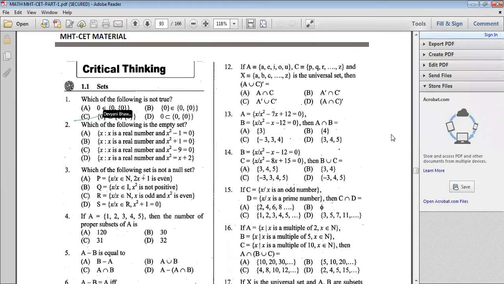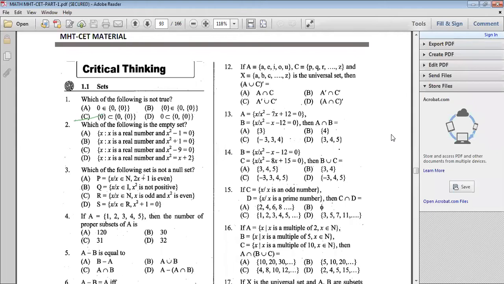Yes, the set {0} is also there. Option C: the set {0} is a subset of the set {0, {0}}. That is correct, because {0} is part of that set. But if you observe the D option, 0 is a subset of {0, {0}}. Let's understand the difference there.